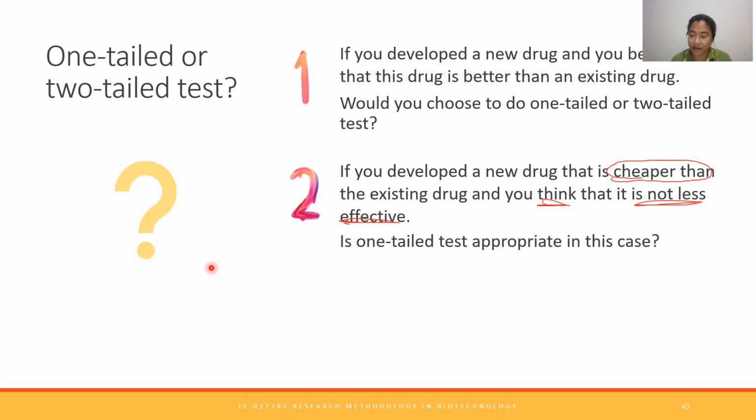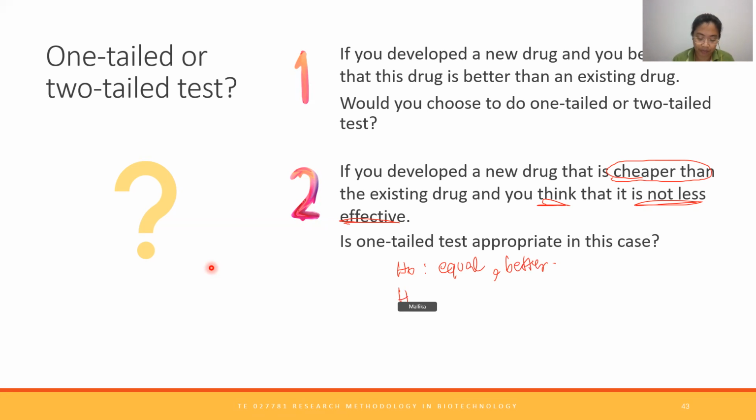Because when you say not less effective, your H0 could be equally effective, so your H0 would be equally effective or better.